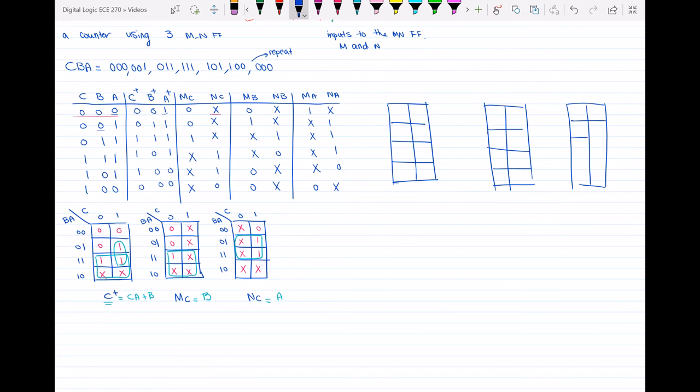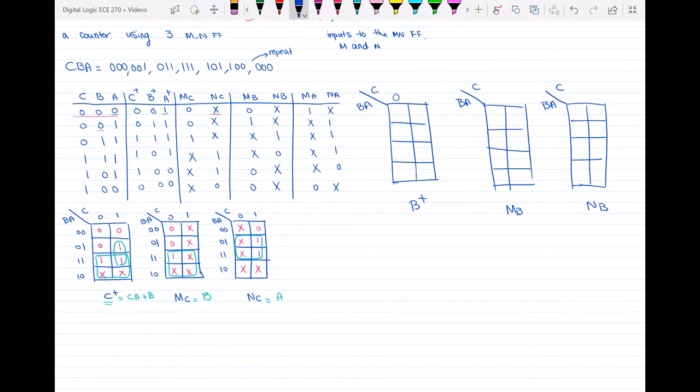So we have to do the same procedure as we did for flip-flop C. Now we have to do it for flip-flop A and B. So now I'm doing flip-flop B. So we have B plus, MB, and NB.